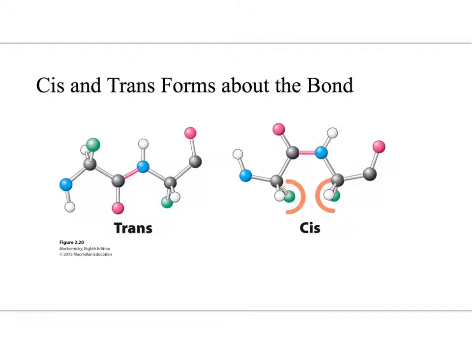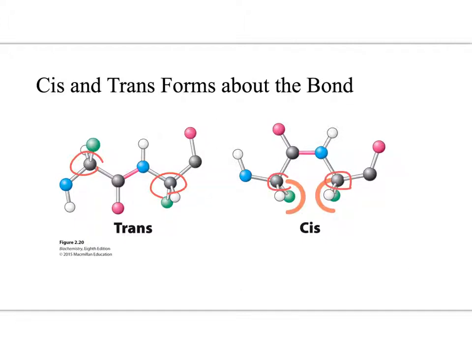Now both cis and trans forms are possible when this peptide bond forms. In the trans form, the 2 alpha carbons are on opposite sides. Okay, so you see here alpha carbons on opposite sides of that plane. In the cis form, they're going to be on the same side. So there's our cis form on the same side.